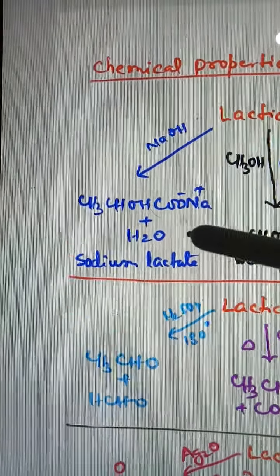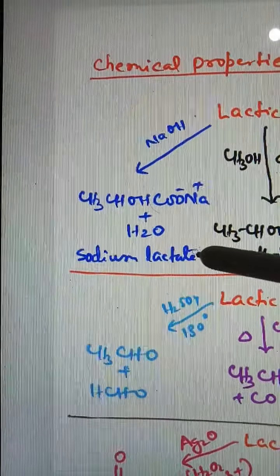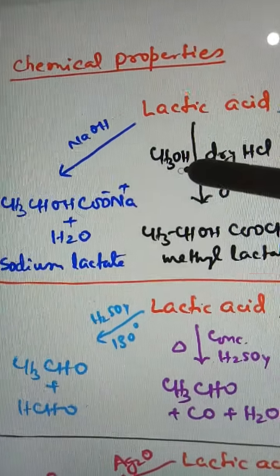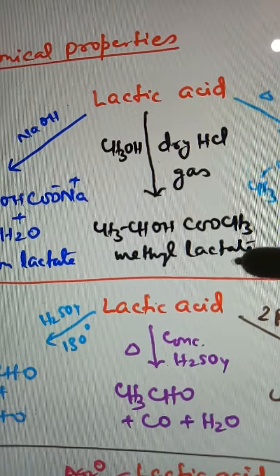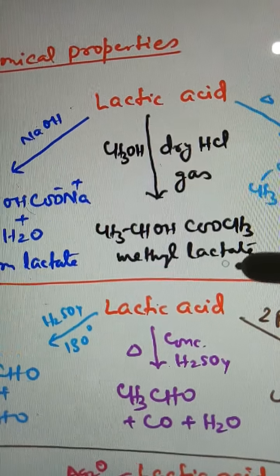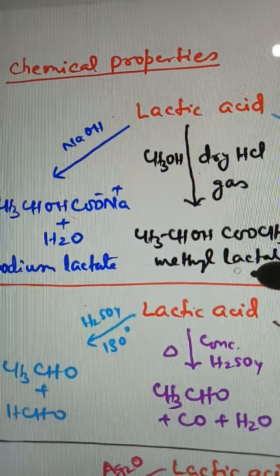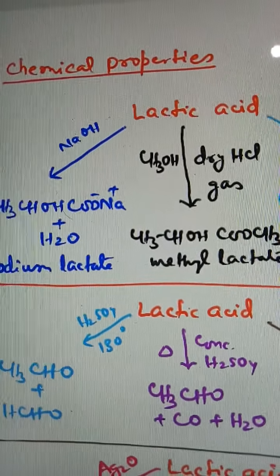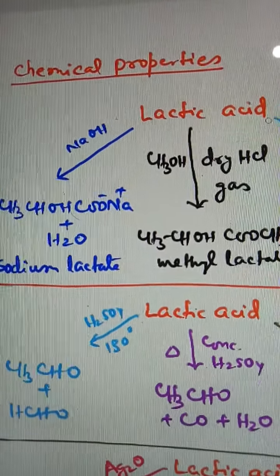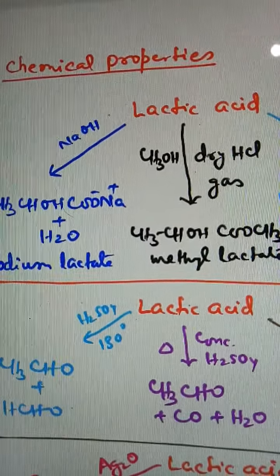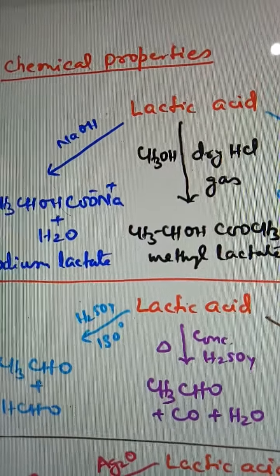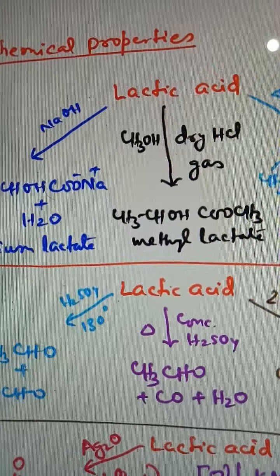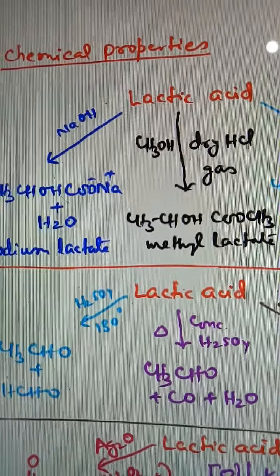This is the salt, sodium lactate, and if it reacts with alcohol, you will get methyl lactate. This is the ester. And when you heat two molecules of lactic acid, you will get the cyclic ester known as lactide after removing two water molecules.